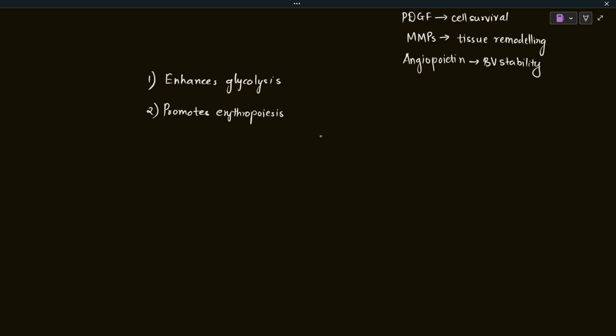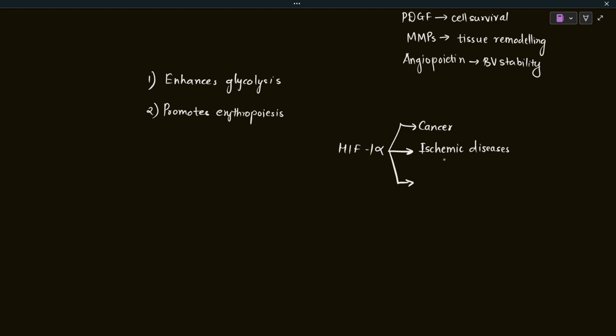So HIF-1 alpha is not upregulated in the hypoxic condition only, but it is upregulated in the cancerous condition, when the tumor cells start proliferating, and in ischemic diseases, where it is going to aid recovery.